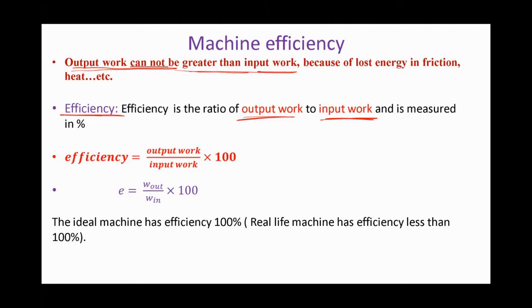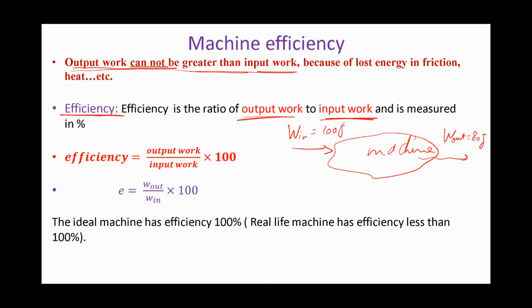So if you have a certain machine, and you give it input work of 100 joules and you get output work of 80 joules, what is the efficiency of this machine?